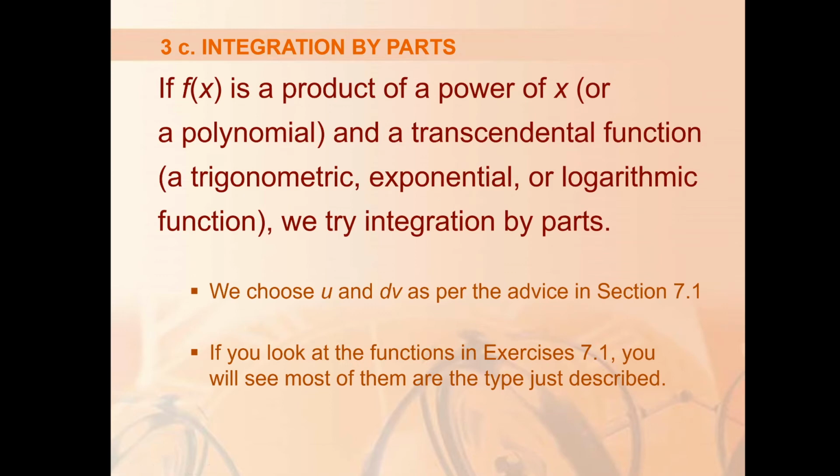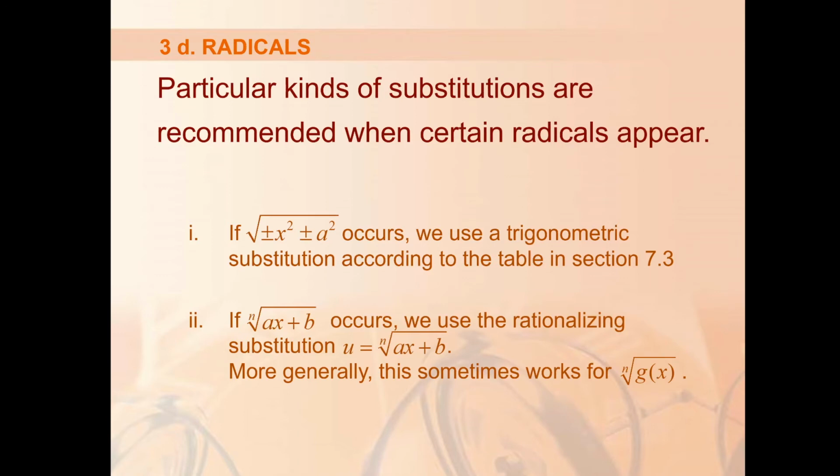Or we can use integration by parts if you find things that cannot be integrated otherwise, such as trigonometric, exponential, or any kind of logarithmic function. So try to use the integration by parts technique. And also the radicals. If you see any kind of weird radicals, we can always use a certain kind of substitution, like u equals the square root of ax plus b.